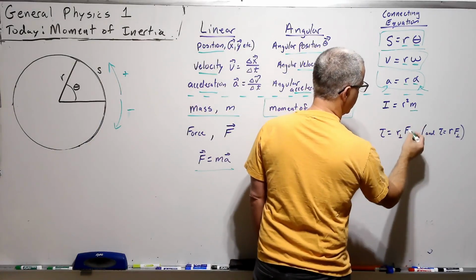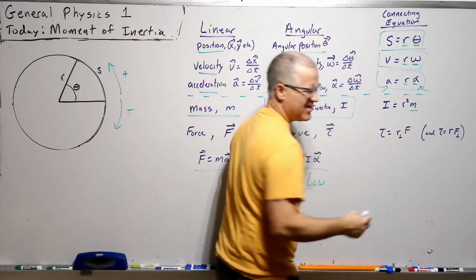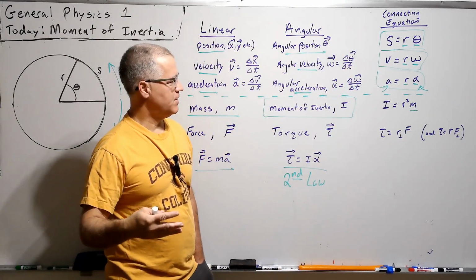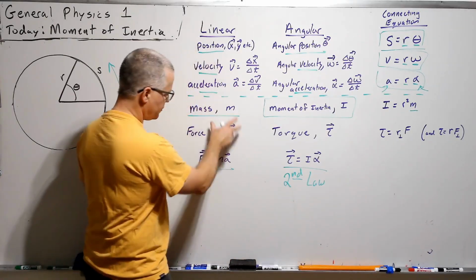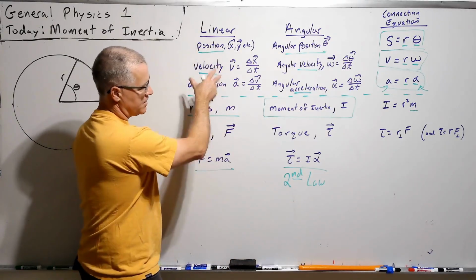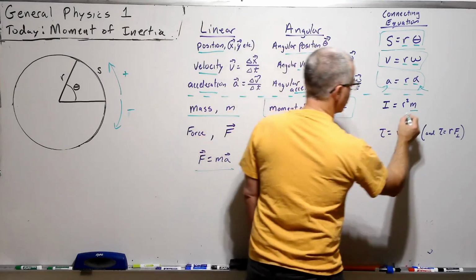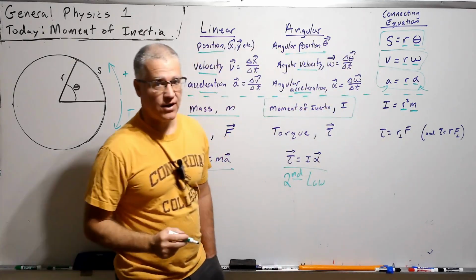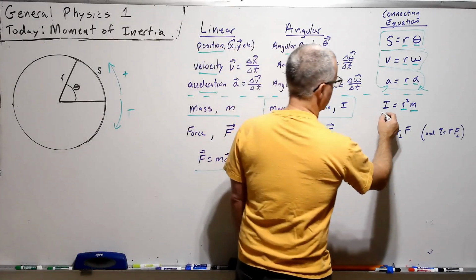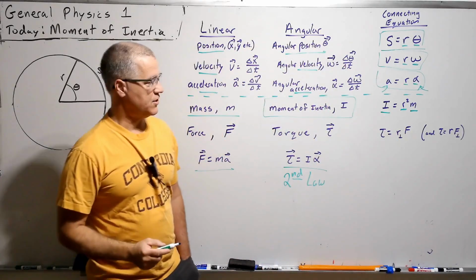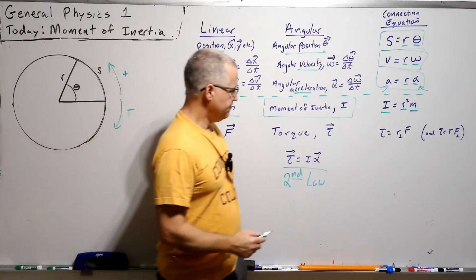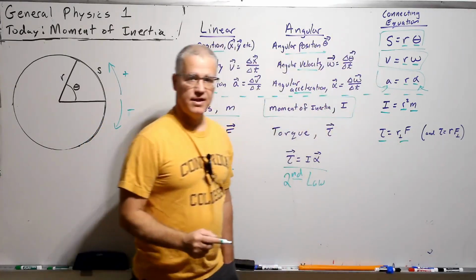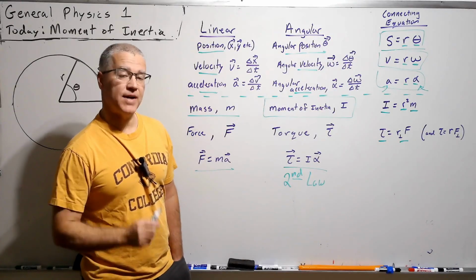We have the linear piece over here, and it's a kind of a stretch to call it a linear piece, but the piece that shows up most prominently in the linear equations, mass, is leveraged by, we're going to see, the radius squared here to give us this idea of moment of inertia. And then the torque, we saw that last time, is the force leveraged by the lever arm.